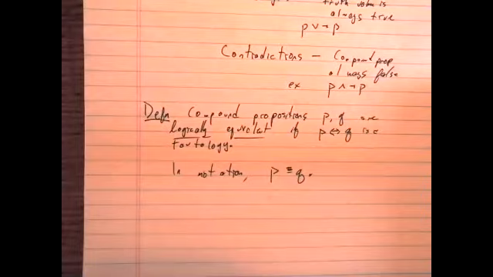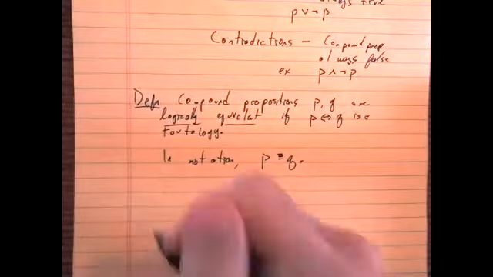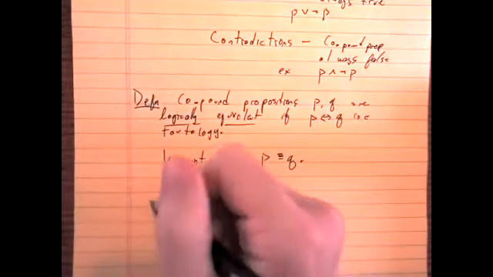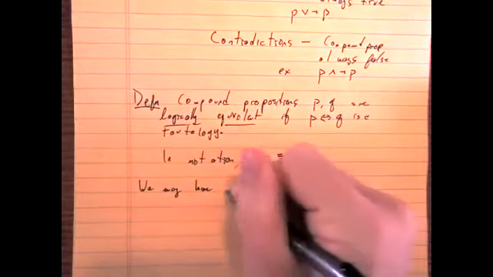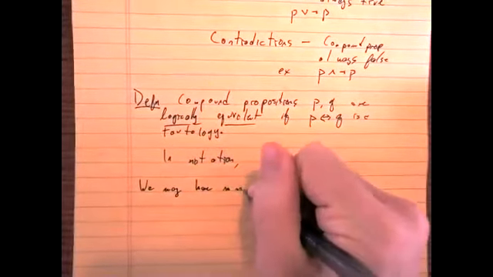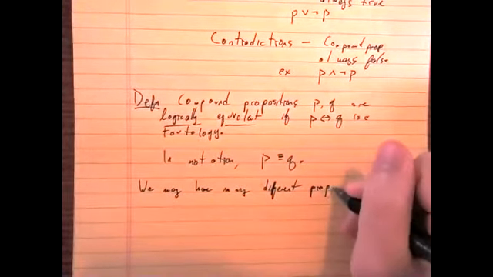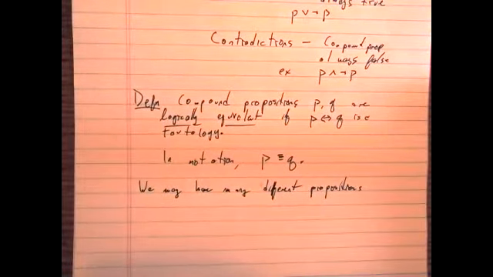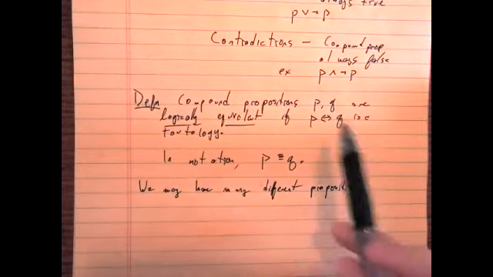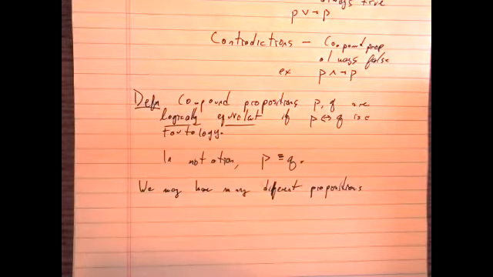So I just want to give a brief description of what's going on here. The point is that we may have many different propositions. There are a huge number of propositions that we can come up with if we just use P's, Q's, ands, ors, negations.